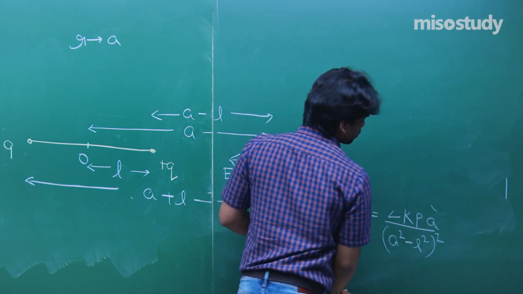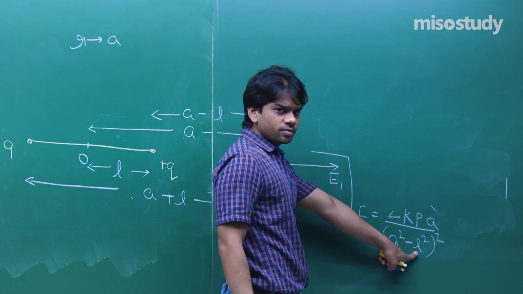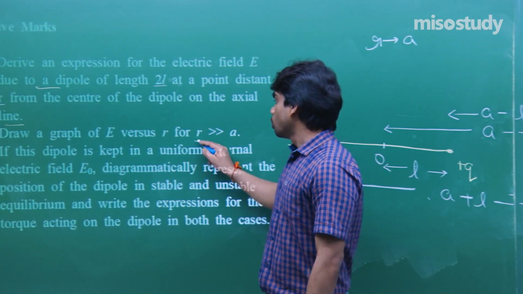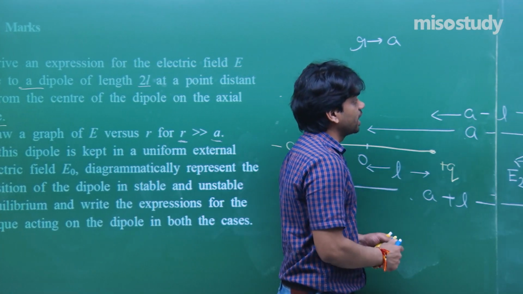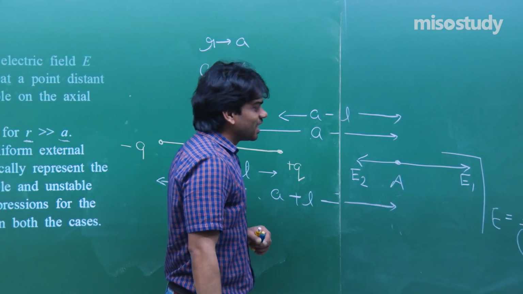It's not too tough, you simply ignore L because it will be very small. Some conversions I have not used directly as per the board: instead of R I have used A, and A was actually the half length that I have used as L. So you have to make these small conversions. That is the thing you need to take care of.